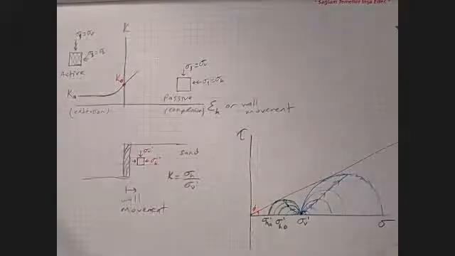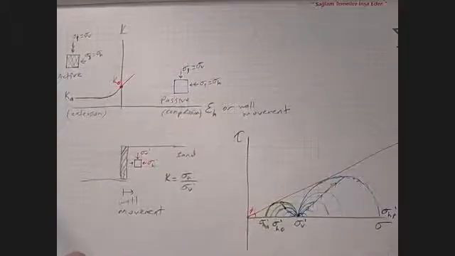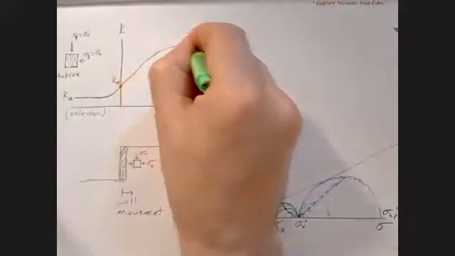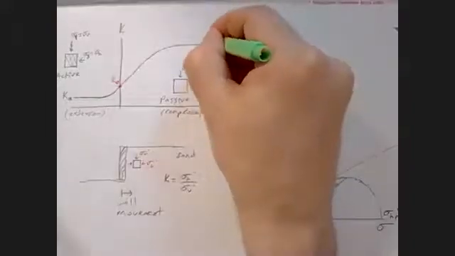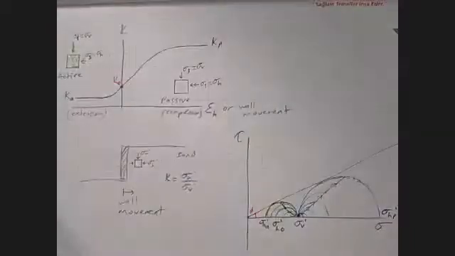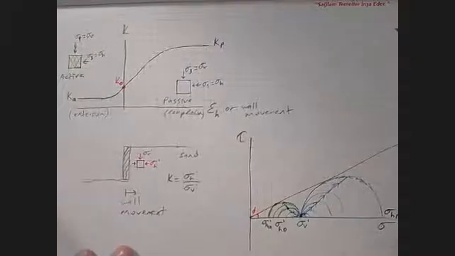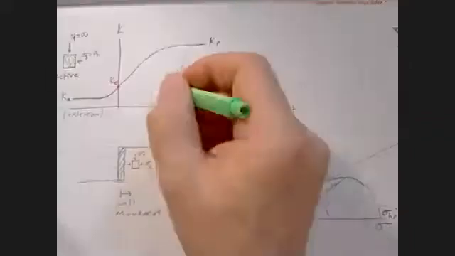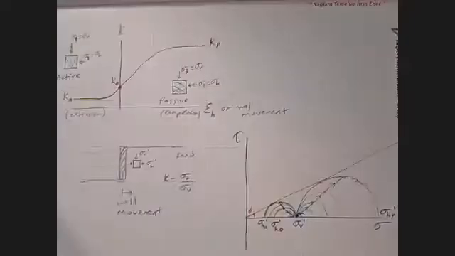And then you come to a limiting value of Kp there, which denotes the passive failure, and then your failure planes are going to be 45 minus phi over 2.